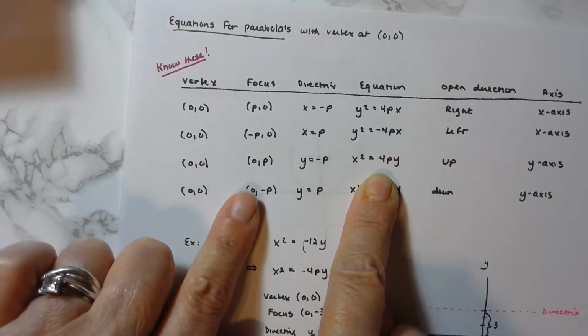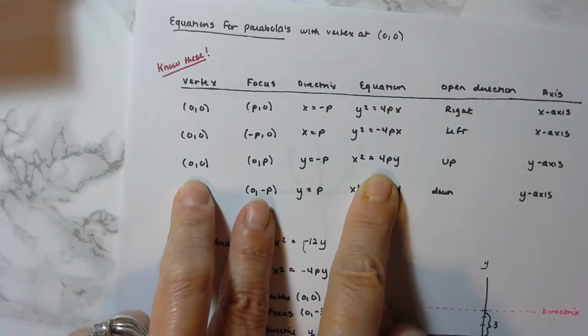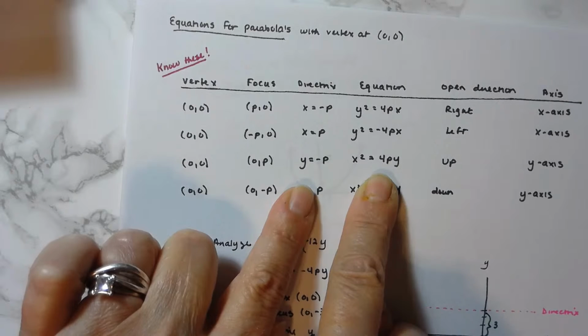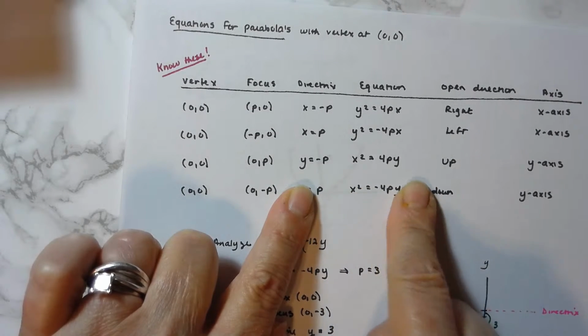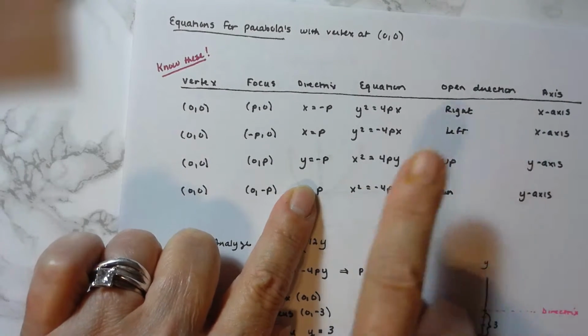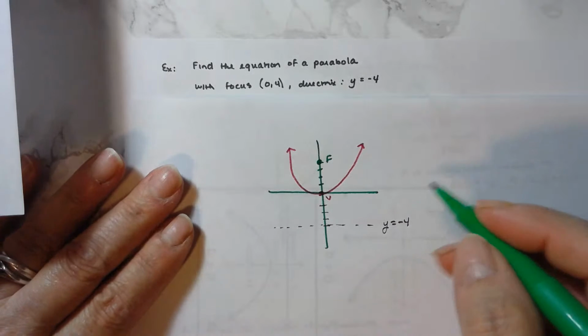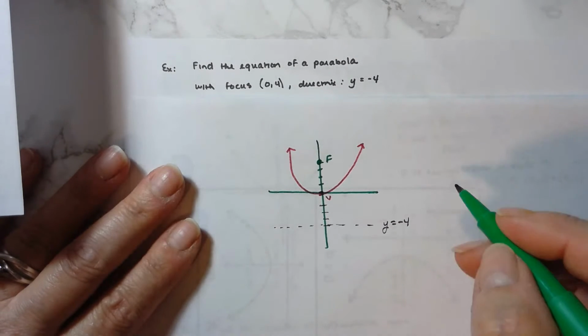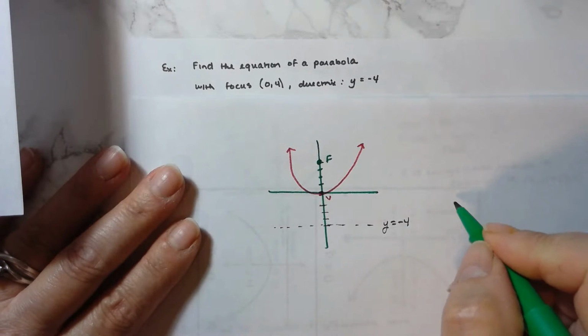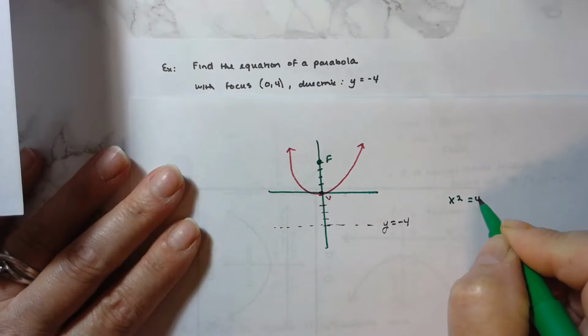And I know what my focus is. I know my vertex because I found that. I know what the directrix is. I know it opens up. I know the axis of symmetry is the y-axis. All I have to do is write the equation. Before I write that equation in its entirety, let me just write it down: 4py.